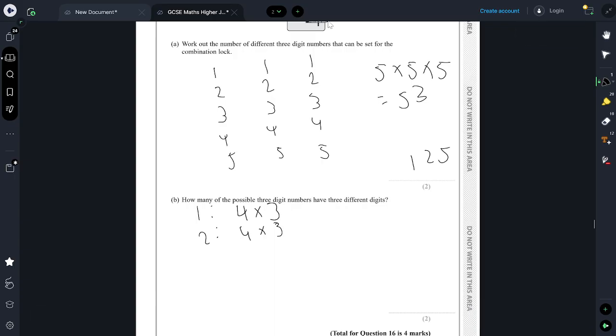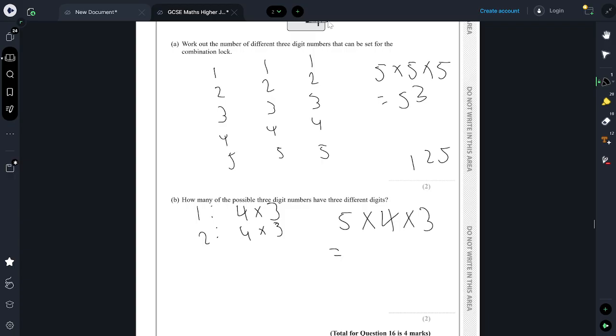Essentially, you start with five numbers to choose from, but then you can't pick that number again, so there are four left to choose from in the second list. Then from the third list, where you've already picked two digits, you can only have three numbers left to choose from. So you've got to think about the list and how many you have to cross off.